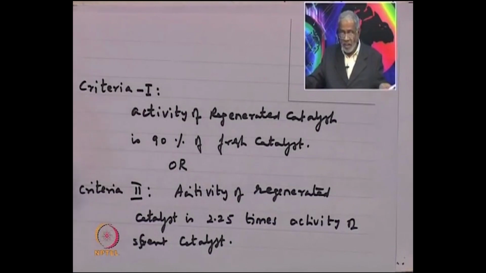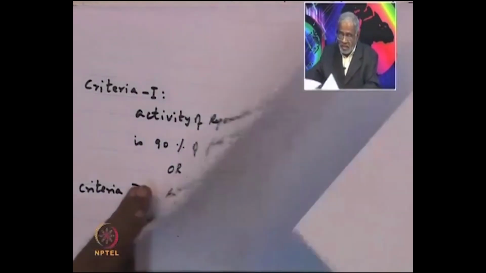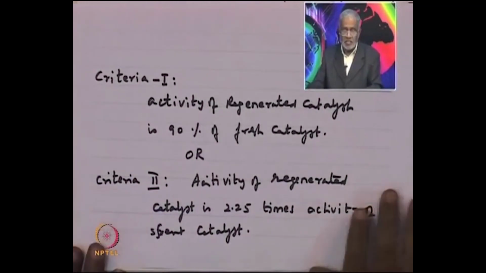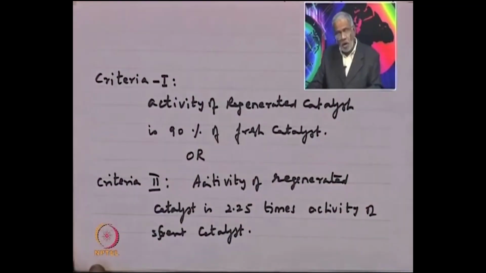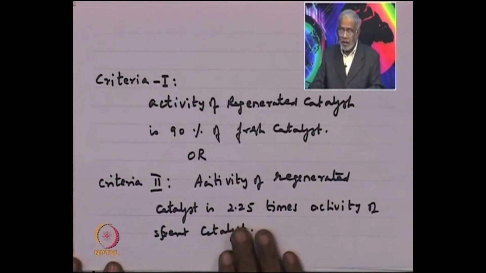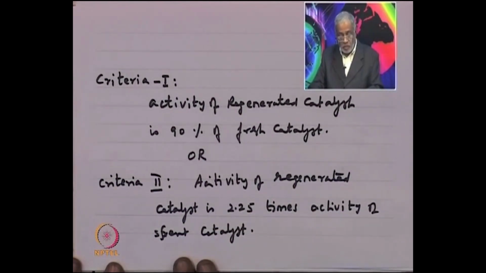What we are saying is that we will accept the regeneration process if the activity of the regenerated catalyst is 90% of fresh catalyst. Alternatively, if the activity of the regenerated catalyst is 2.25 times the activity of the spent catalyst, also we will accept the process.